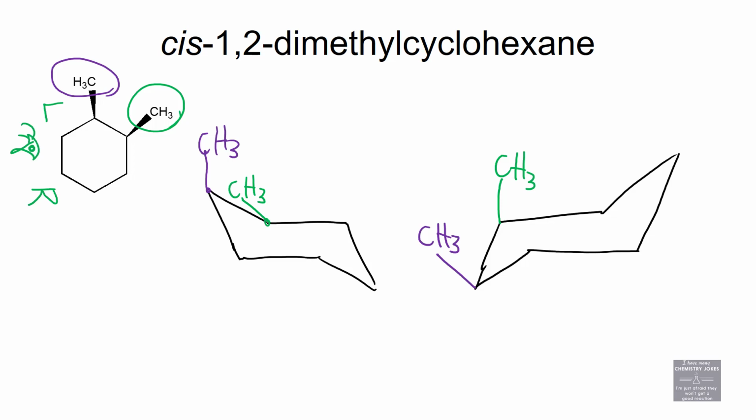Our question was, which one, if either, is more stable and why? Both of these have one axial and one equatorial substituent, so that means they are equally stable. What does it mean to be equally stable? They spend equal amounts of time in both chair conformations.